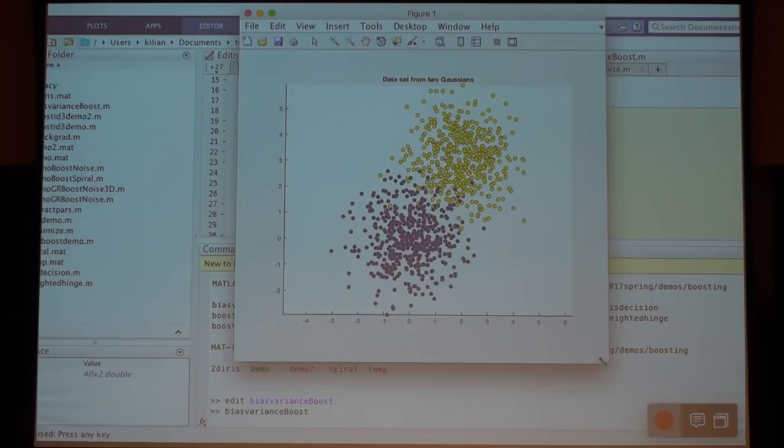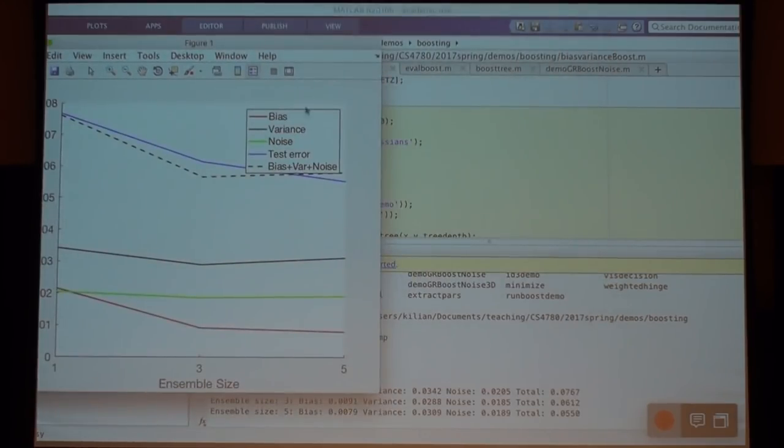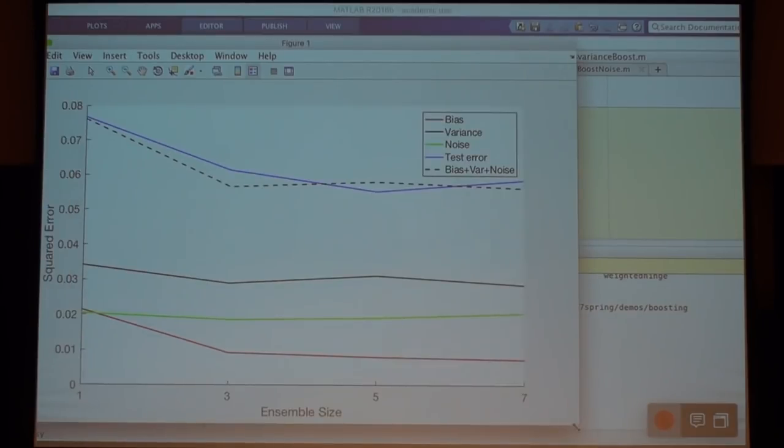And I believe I have very simple decision trees that just have one split, I believe. So it's a little bit artificially easy data set, but it's very noisy, right? So this is quite bad for Adaboost, right? So this is what it can't do all that well. And what I'm showing you now is the bias variance curve.